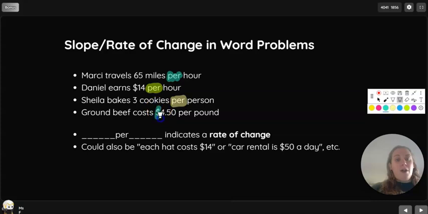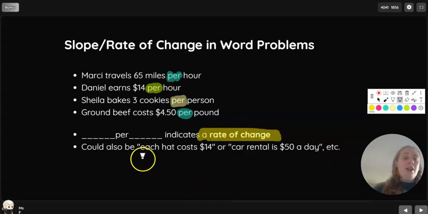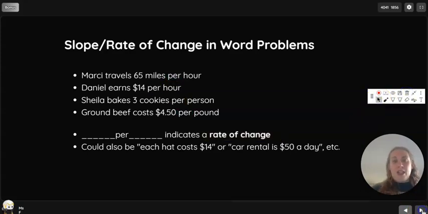Ground beef costs $4.50 per pound. So whenever we see per, it's telling us about a rate of change that's happening. We could also see something like each hat costs $14 or car rental is $50 a day. When we're having this rate of change given to us, it's a clue that we can find the rate of change between these points and find that average rate of change. Let's look at the next slide.